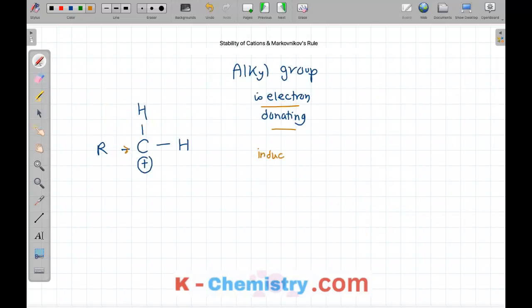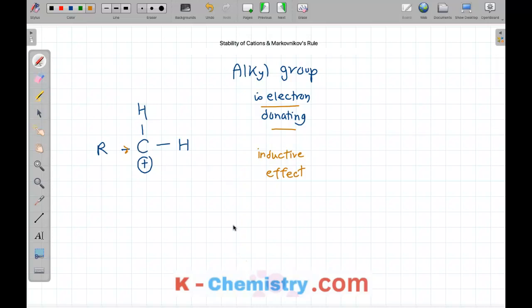This is also known as the inductive effect. So there is an inductive effect of these alkyl groups, which we can show by using arrowheads on the bond. So I can draw an arrowhead on the bond going from here to show that this gives stability to the carbocation.